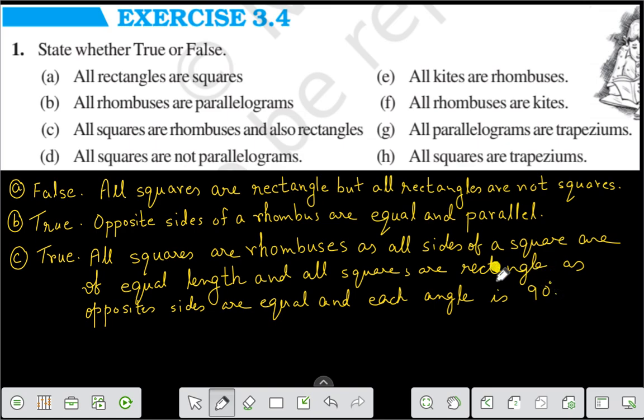Right? All squares are rhombuses as all sides of a square are of equal length, and all squares are rectangles as opposite sides are equal and each angle is 90 degrees.